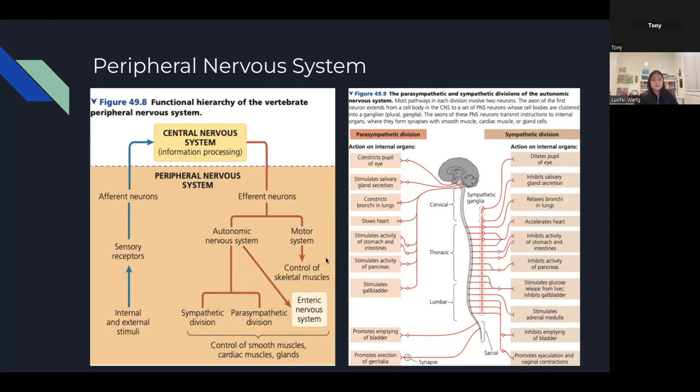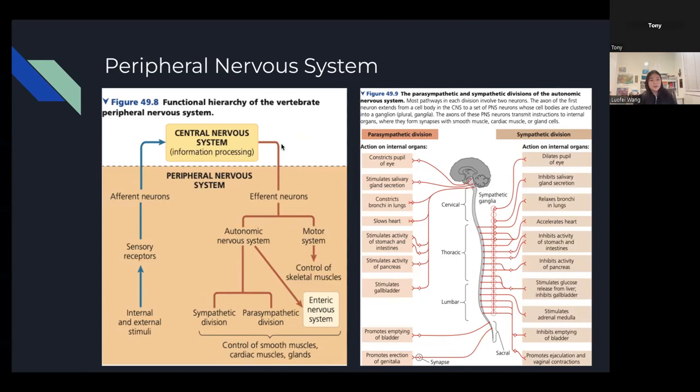And then the parasympathetic division is responsible for relaxation, where the pupil will constrict, the heart rate will slow, and digestive activity will be restored. And then also, the enteric nervous system has direct control over the digestive tract, the pancreas and the gallbladder.